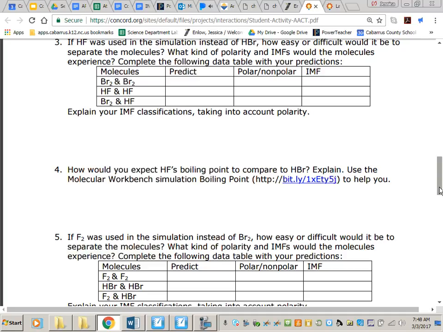Hydrogen and fluorine. That would be hydrogen bonding, and that'd be strong. I don't know what that would be.